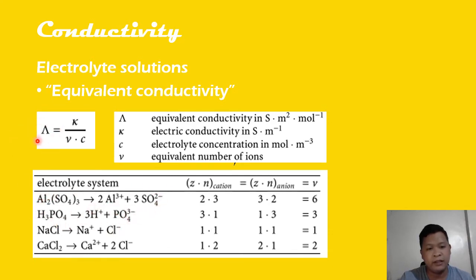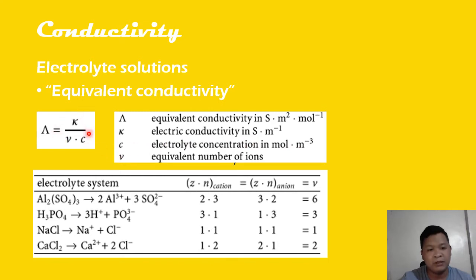As you can see here, it's dependent on the intrinsic electrical conductivity of the solution, but they also factor in the equivalent number of ions, as you can see in this table, and the electrolyte concentration in moles per cubic meters or moles per unit volume.